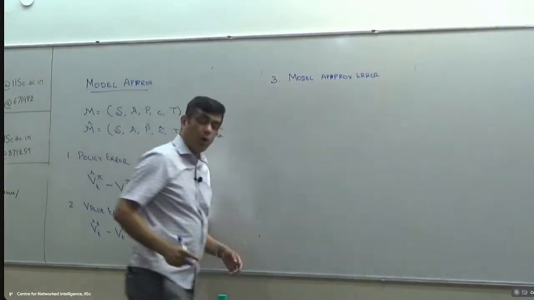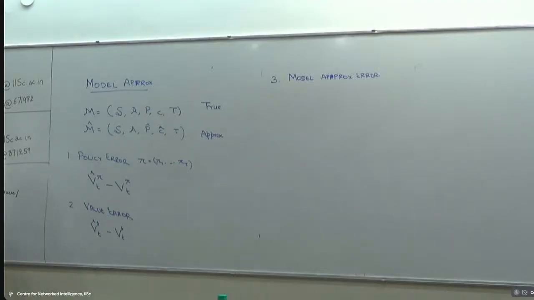So what will happen in this case is, I took this approximate model, I solved this model, and at the end of the day, I can't do anything with the value function, right? What I can really implement in my real system is a policy. So I get a policy from this, and I go and implement that policy in the real world. And I'm interested in asking how good or bad this is from the best that I could have done.